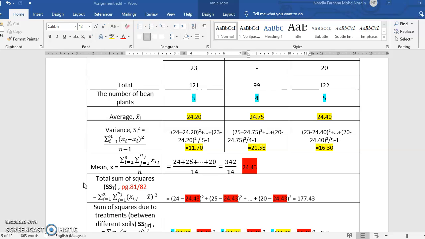Next, we calculate the total sum of squares, SST. Refer to page 81 or 82 for the formula.